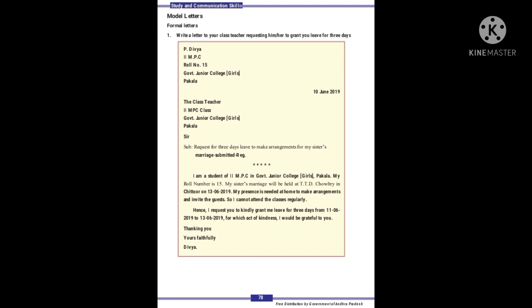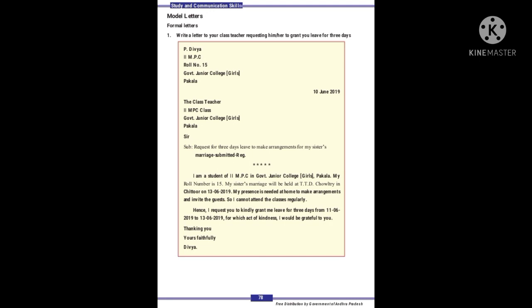And then you leave a line again and write the body. A formal letter should always include an introduction, body, and conclusion. The introduction will introduce the purpose of your letter in a line or two. I am a student of 2nd MPC in Government Junior College Girls, Pakala. My roll number is 15.